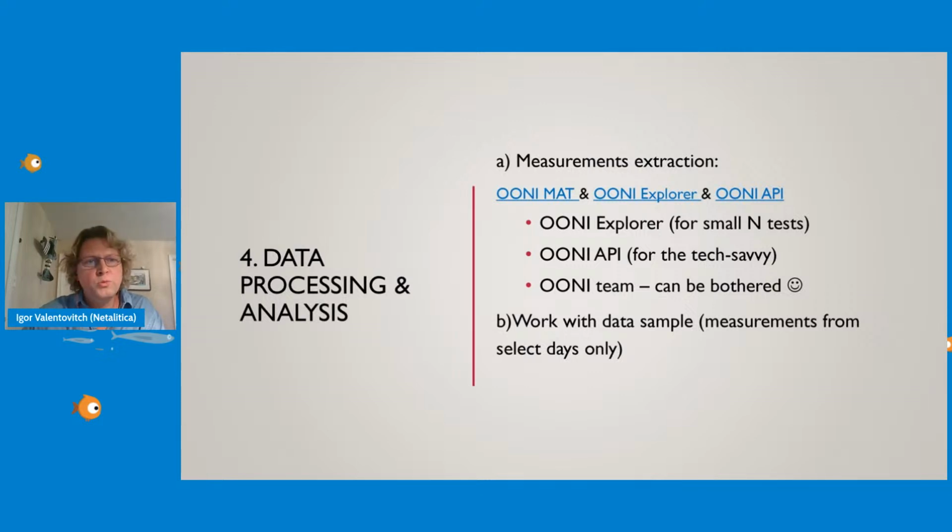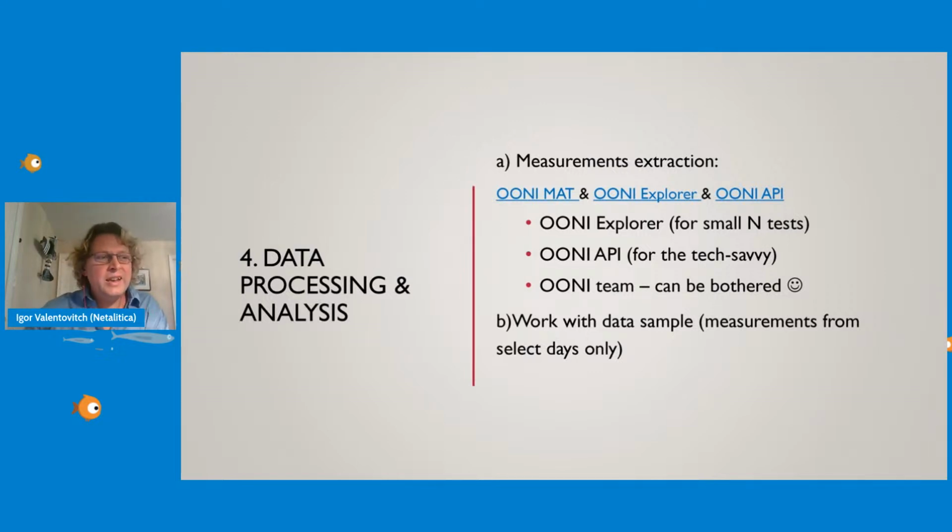Your other option would be to use the OONI API, which is extremely powerful, but unfortunately it's more for tech-savvy people, and my colleague and I are social science researchers, so we didn't know exactly how to use it. It was going to slow us down until we learned, and that's why we opted for the third best option for us. It was to bother the OONI team, so I recommend doing that.